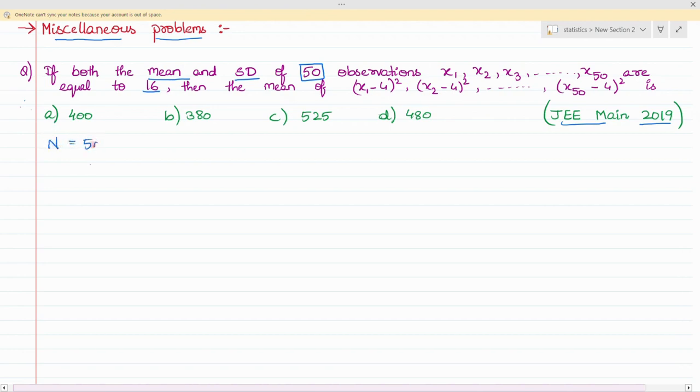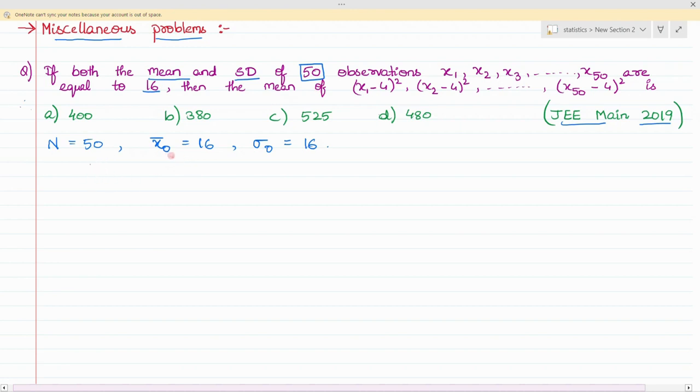Total number of observations is 50, the old or original mean is 16, and the original standard deviation is given as 16. Now we need to find the new mean.